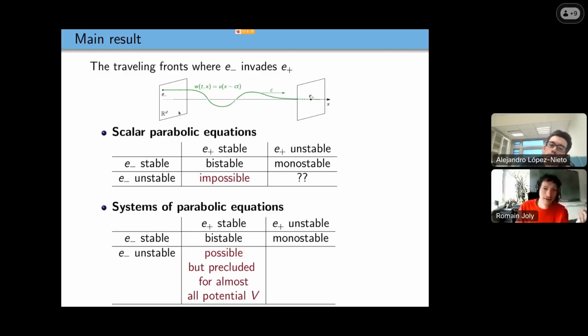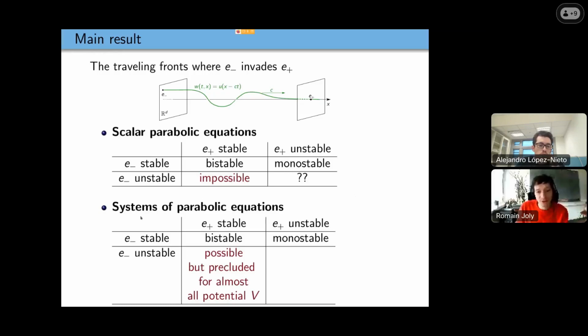Why does the other case not appear? Actually, it is impossible. I will explain that for a scalar parabolic equation you cannot have the other way, where this one is stable and this one is unstable. It's not possible for a scalar parabolic equation. So usually when people talk about monostable fronts, they talk about this situation.